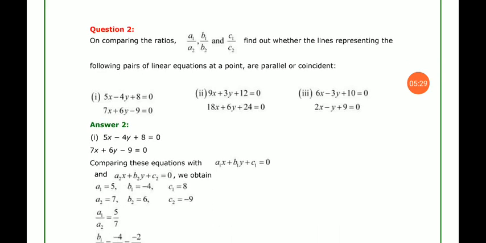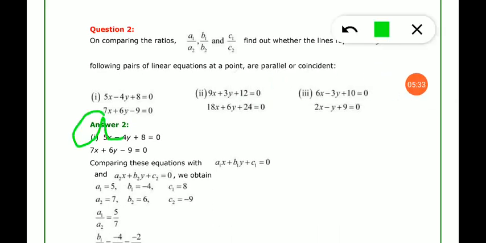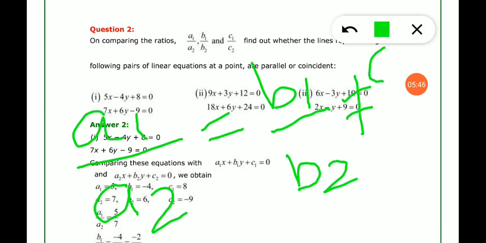For parallel lines, it is a1 by a2 is equal to b1 by b2 but not equal to c1 by c2. This is the condition for parallel lines.